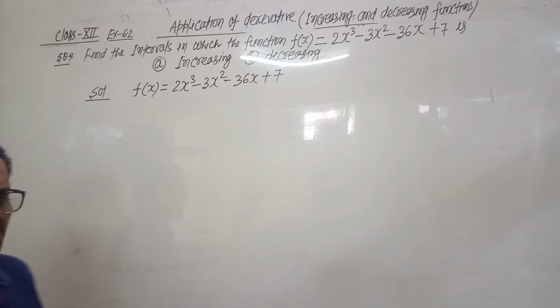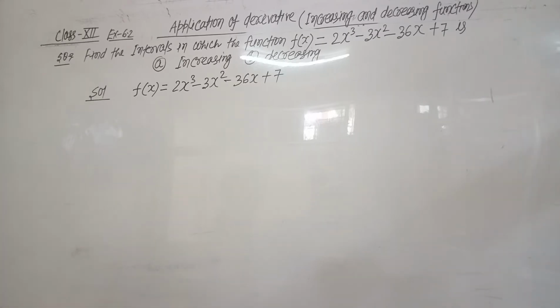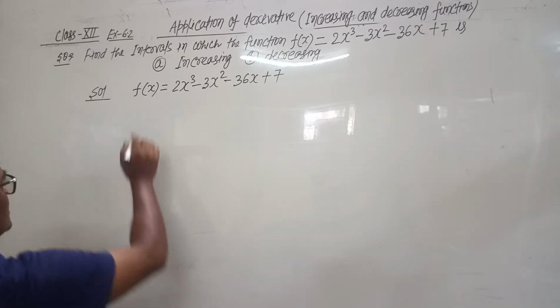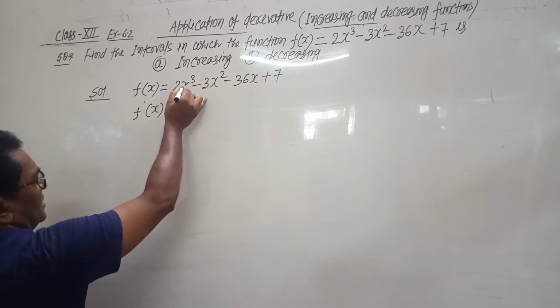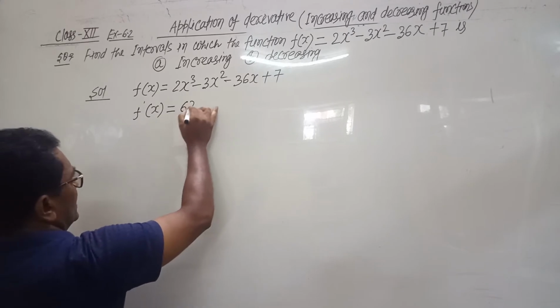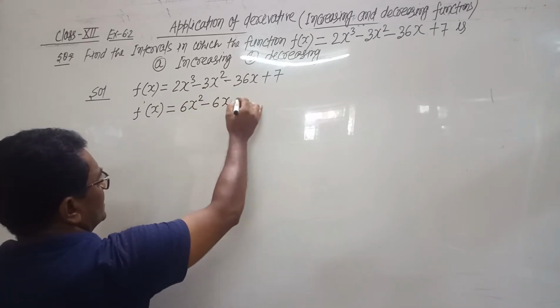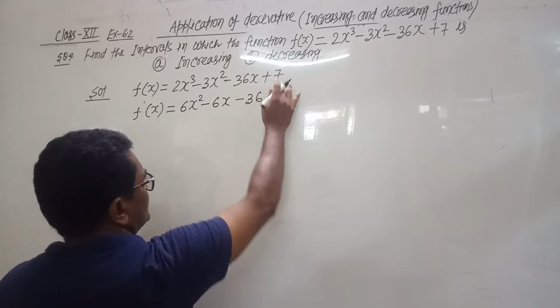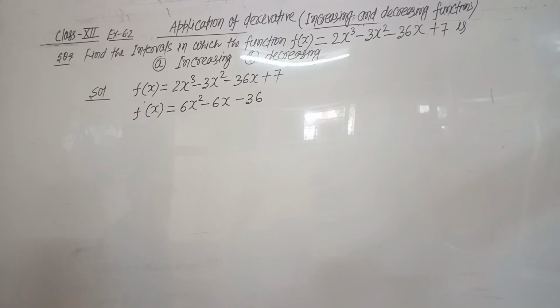In the next step we differentiate, which means we find f'(x). The differentiation of 2x^3 gives 6x^2, minus the differentiation of 3x^2 which is 6x, minus 36, and the differentiation of 7 is 0, a constant term.